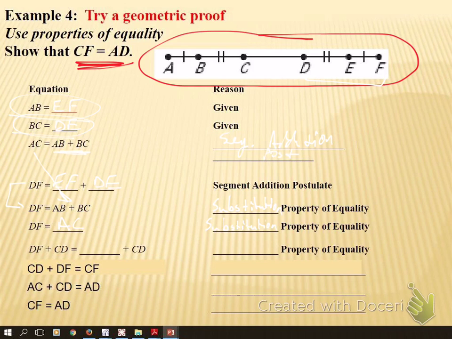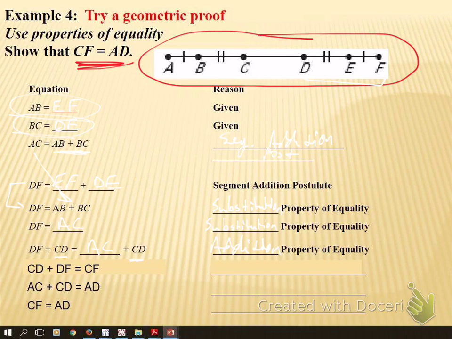Okay. Now, we know that DF is equal to AC, and now we're going to add CD to both sides. That's just the addition property. We're allowed to do that. The addition property says you can add the same number to both sides and not change the equation.